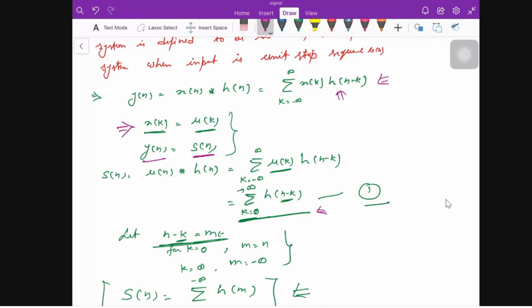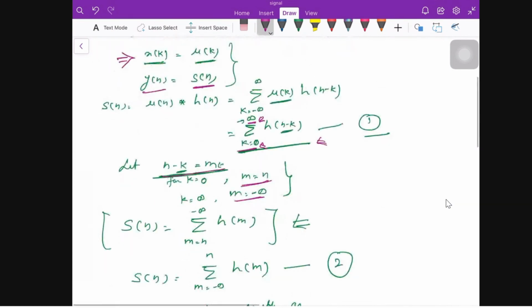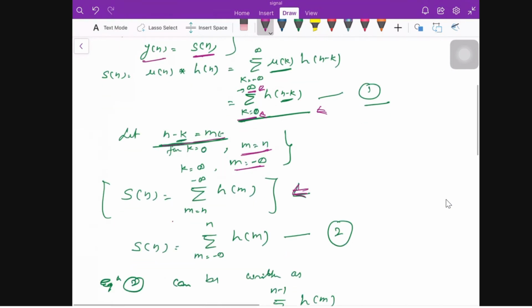When you put n minus k equal to m, we have to find out the limits also, what the upper limit and lower limit are. So we put k equal to 0 and k equal to infinity over here, and we found that m equal to n and m equal to minus infinity, the upper limit and lower limit. So we put this value over here, and we will get this equation in terms of m. Now rewrite this equation in this way, interchanging the upper and lower limit, so minus infinity to n.